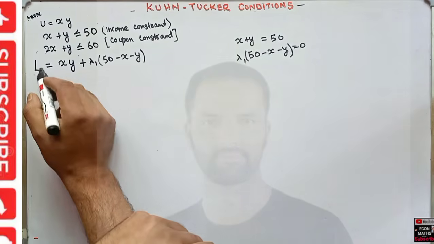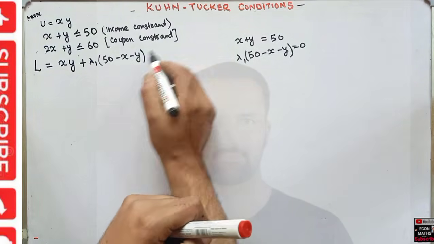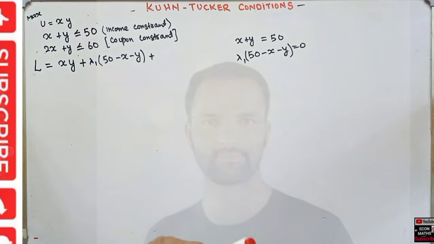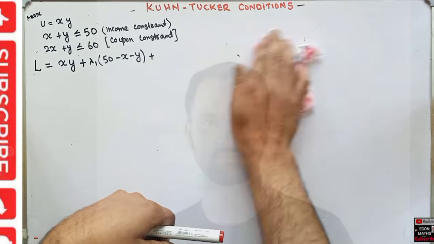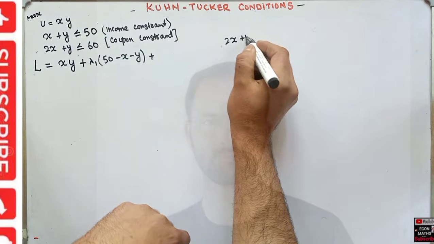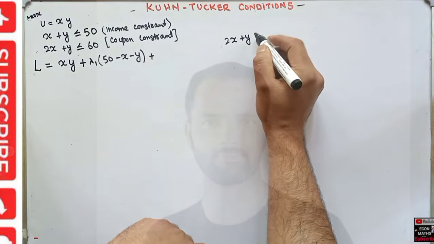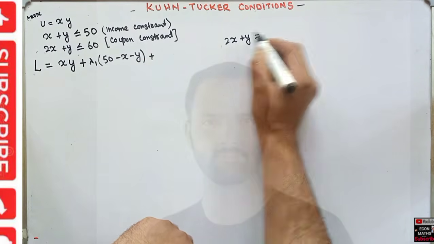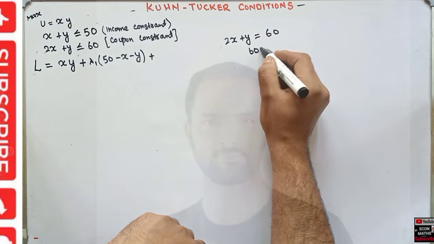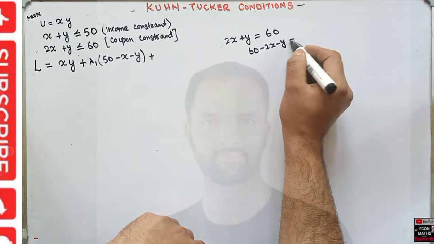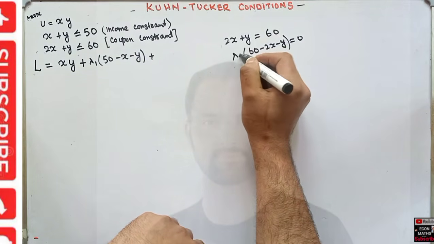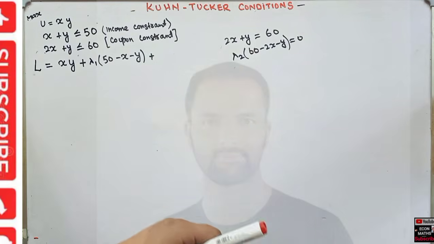This is our Lagrange's function with the first constraint, plus similarly we can form another constraint. So this is 2x plus y, ignoring this sign for making sense here, is equal to 60, and we can write 60 minus 2x minus y is equal to 0. After that we multiply it by lambda 2. So this is how we form the Lagrange's function.